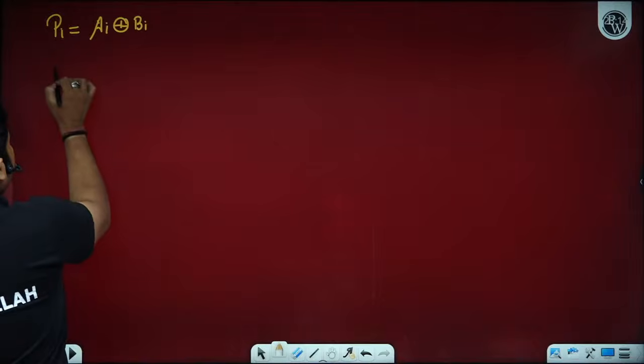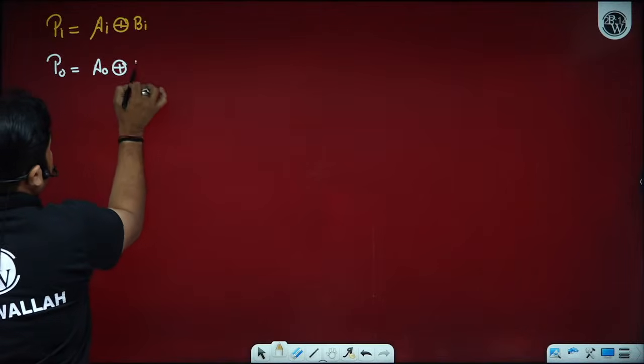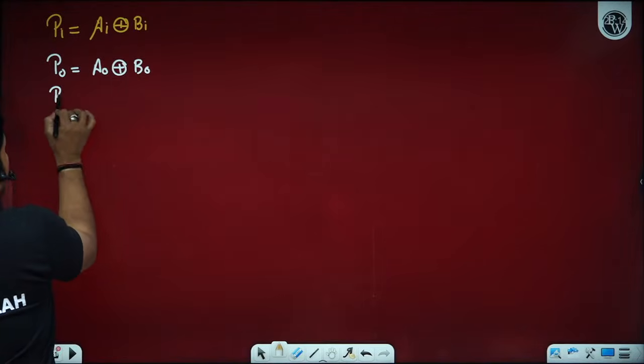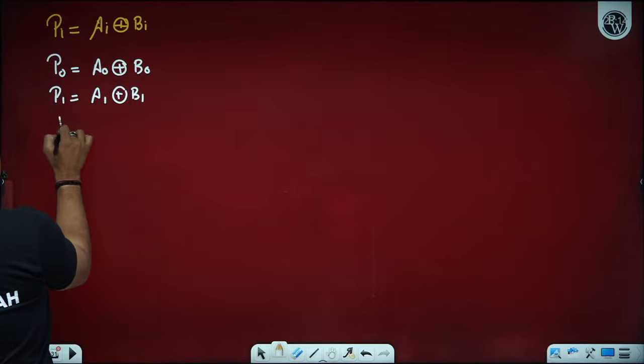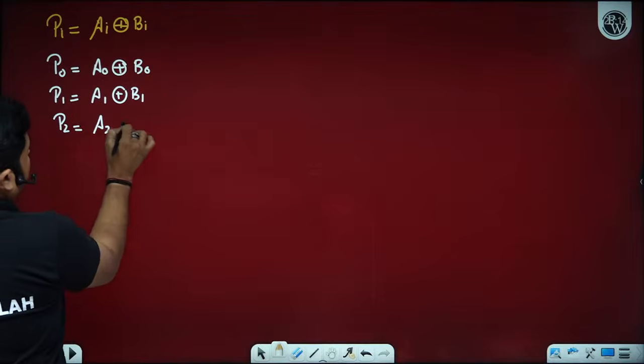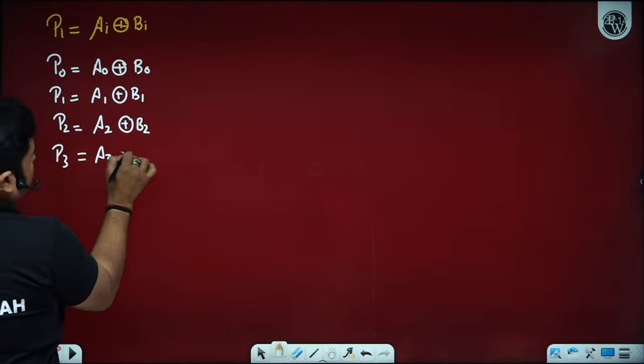For a 4-bit adder, P0 is A0 XOR B0, P1 is A1 XOR B1, P2 is A2 XOR B2, and P3 is A3 XOR B3.